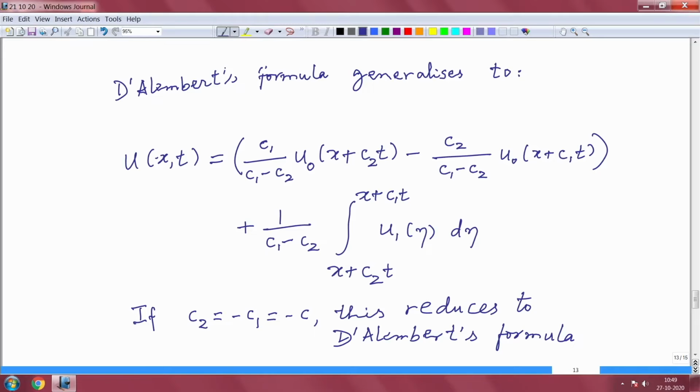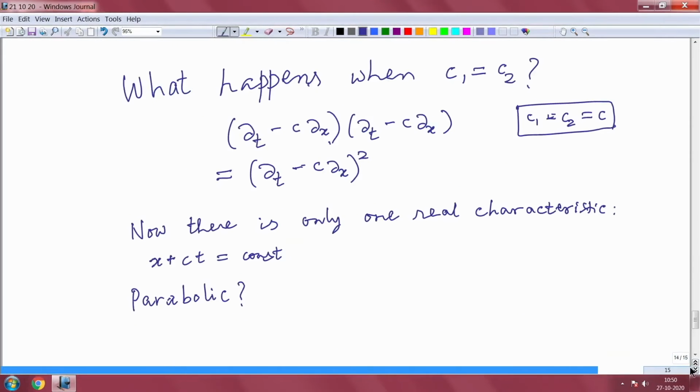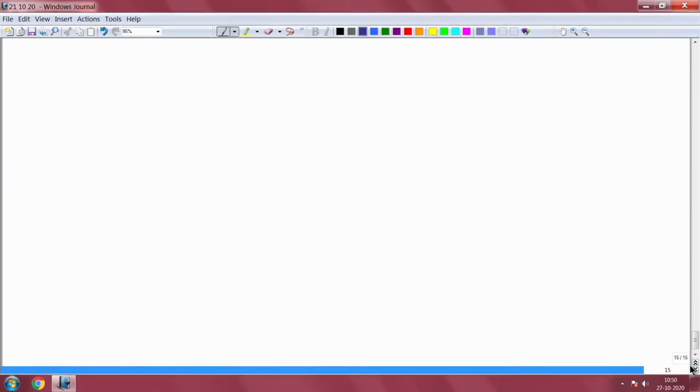And now we ask the question, what happens if C1 equal to C2? Okay. So, before coming to that, let me just mention one more important property of the wave equation. This is called the characteristic parallelogram property, which we are going to use later.